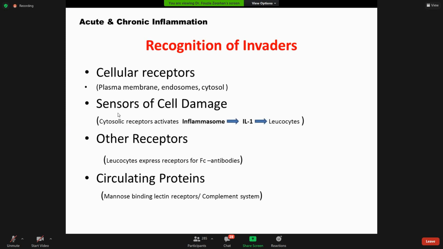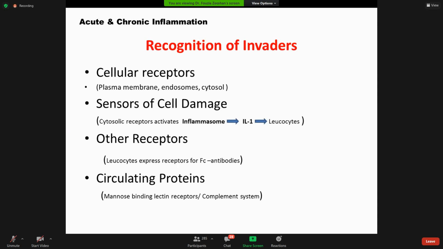Our body has sensors of cell damage. Usually our body undergoes wear and tear mechanisms. Whenever our cell or DNA is damaged, there is an increase of certain substances in our body. These substances are ATP, uric acid, and low concentration of potassium ions.